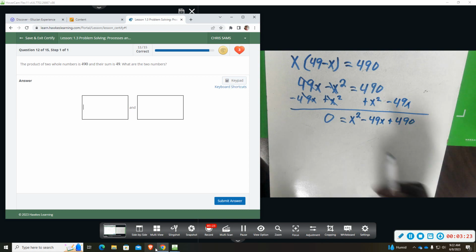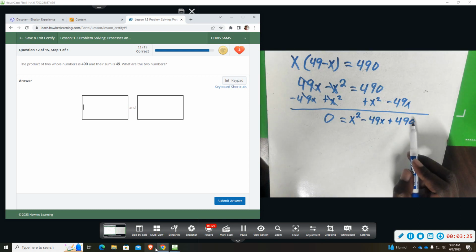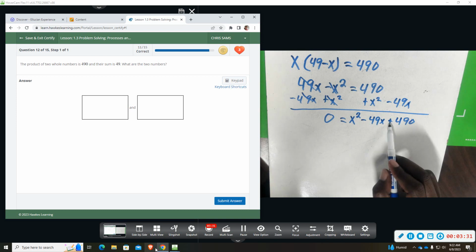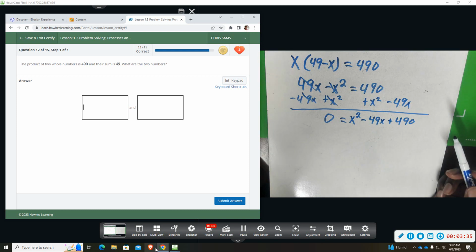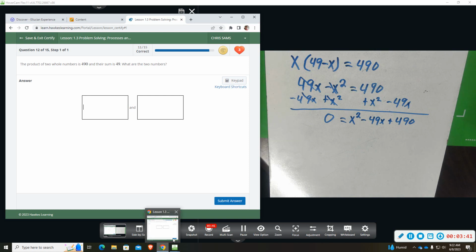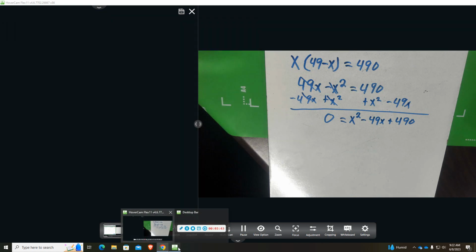Okay. At this point, we have to factor. So I want to find numbers that multiply to give me 490 and add to give me 49, which is basically what we were looking for. And for the factoring process, again, I will use a calculator.